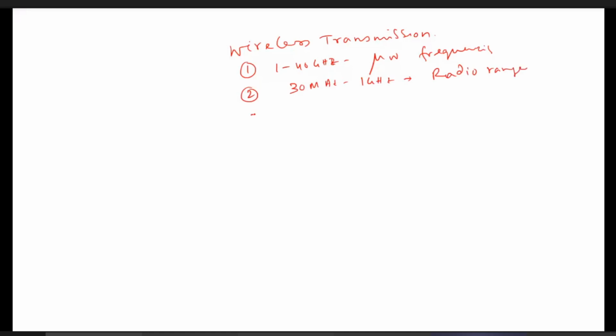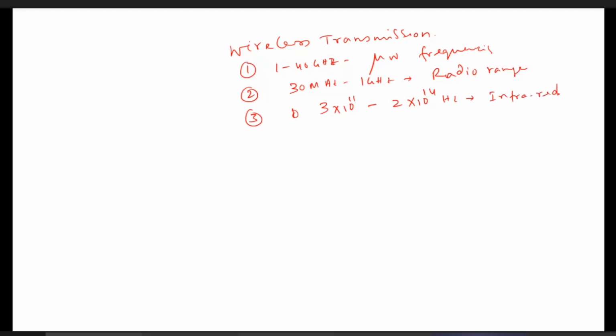And the third one is the infrared frequency range, that is 3 into 10 to the power 11 to 2 into 10 to the power 14 hertz. Just see, that is almost the optical region. Above that it is called the infrared range.